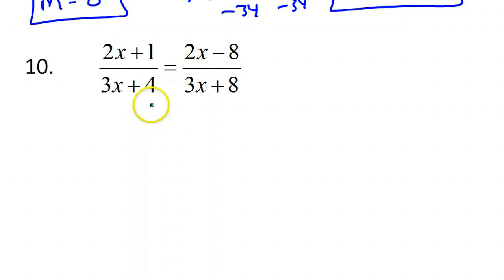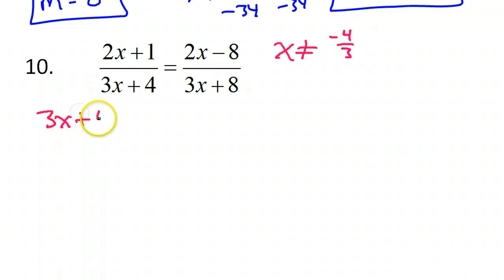Alright, let's talk restrictions. Now, from over here on the left, I know that x cannot equal negative 4 over 3. Now, just to be clear, what I'm doing is I'm setting 3x plus 4, this denominator, cannot equal 0. And then I'm just solving it.